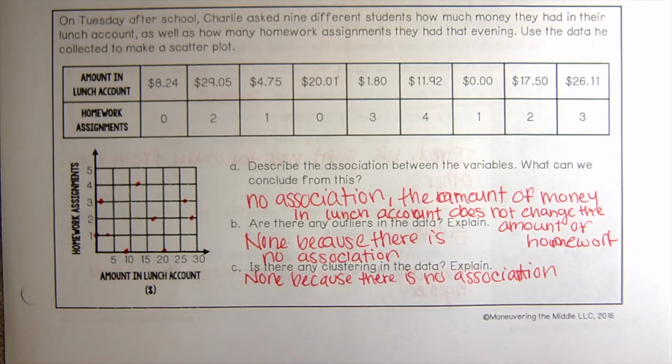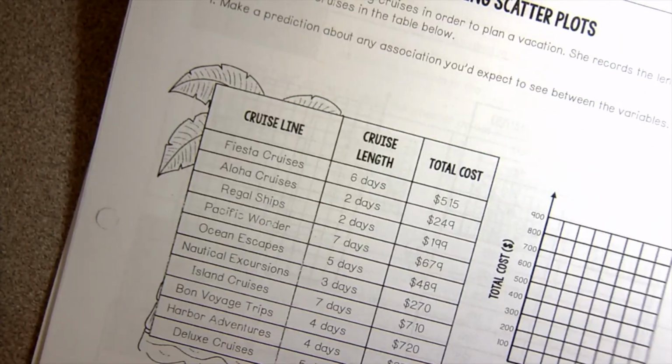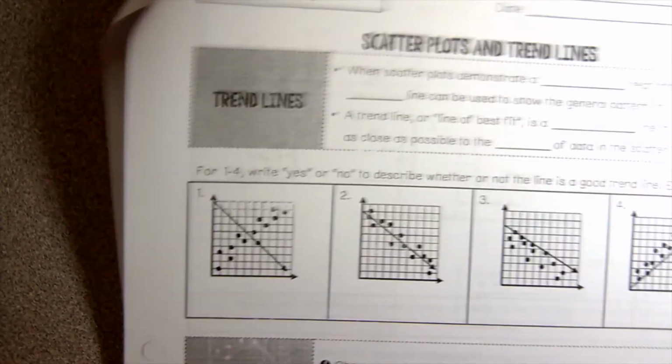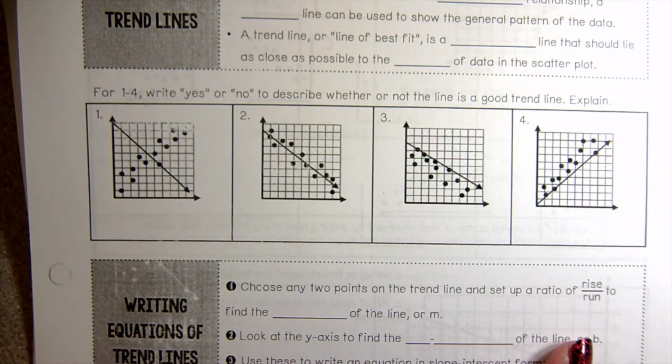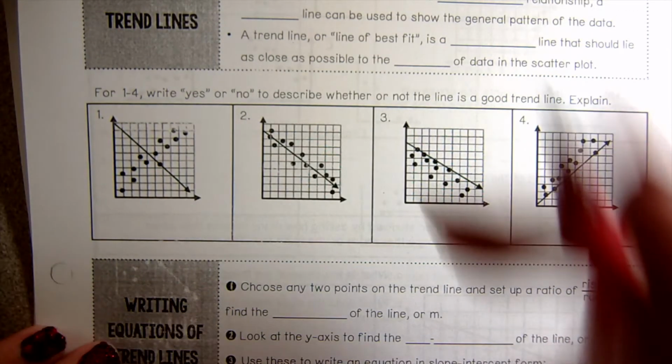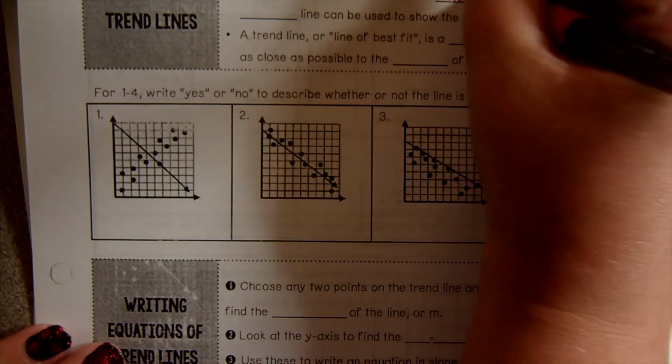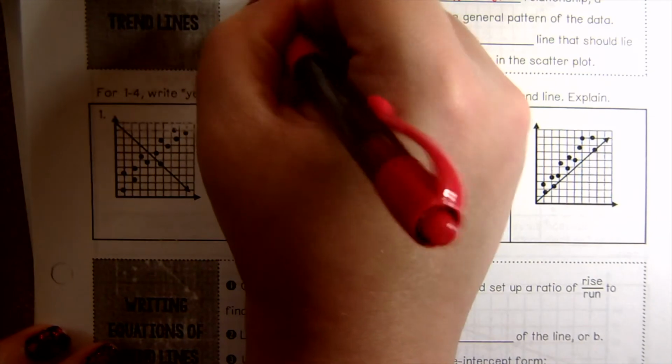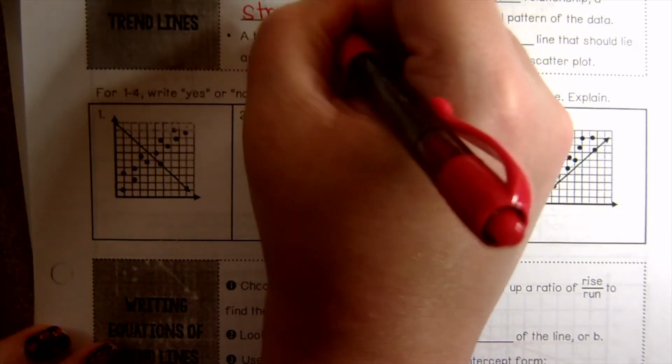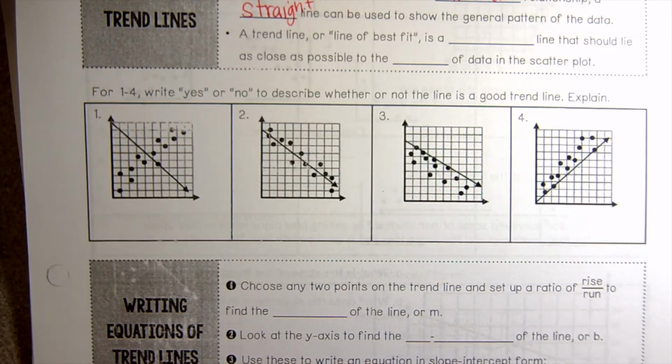All right. So we are skipping the next page, going to scatter plots and trend lines. When scatter plots demonstrate a linear relationship, a straight line can be used to show the general pattern of the data.